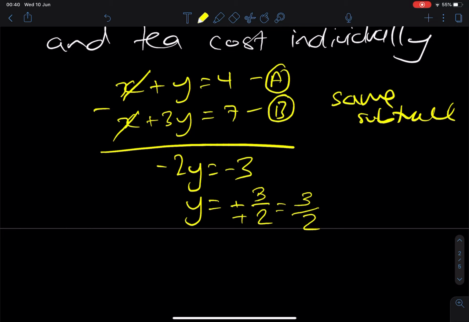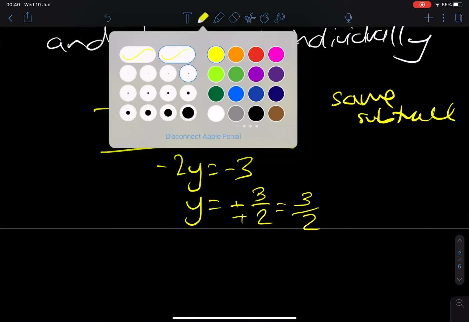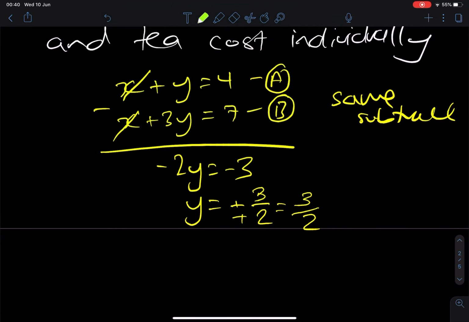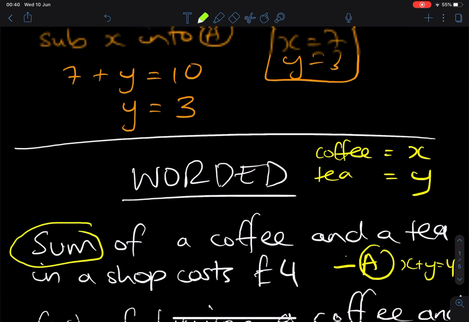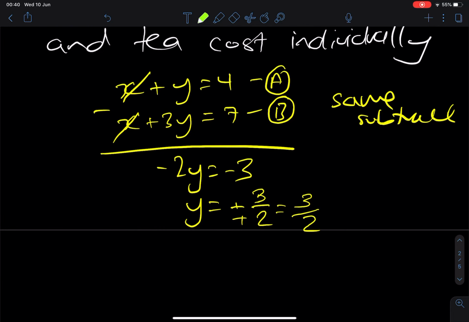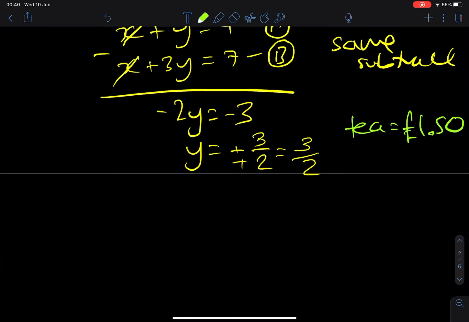So y is 1.5. Now remember, what is y? Y is a tea. So I've actually worked out that a tea in this shop, a cup of tea, is 3 over 2 pounds, which is £1.50.